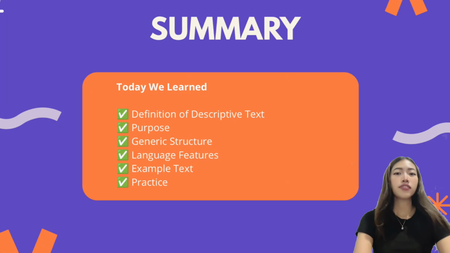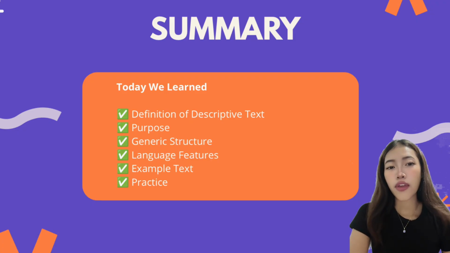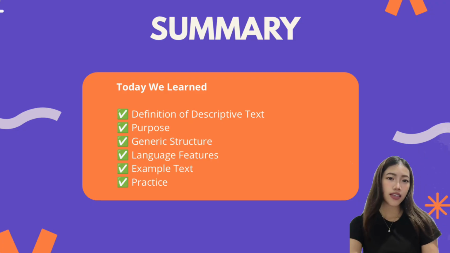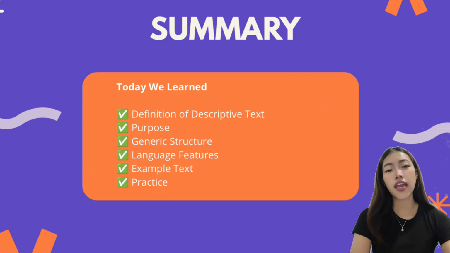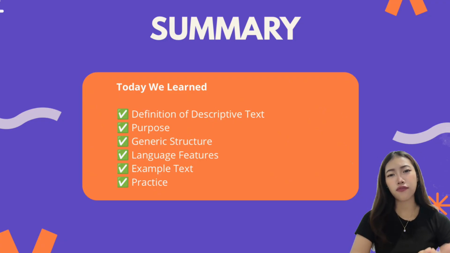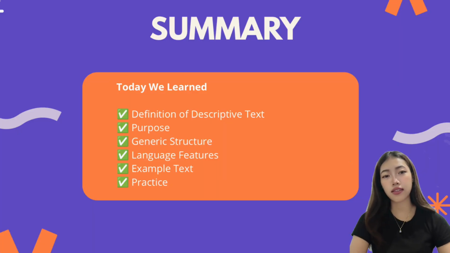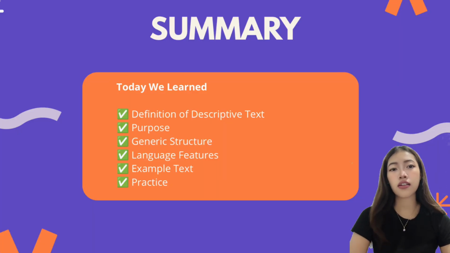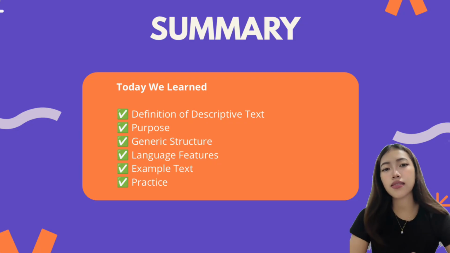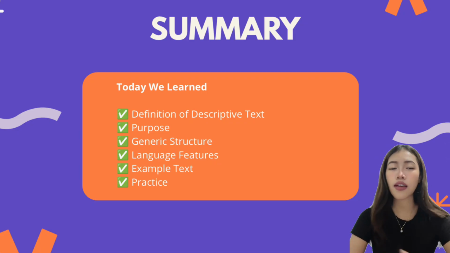Alright everyone, we've reached the end of today's lesson. Let's do a quick review. Today we learned the definition of descriptive text, its purpose, its generic structure, and its language features. We also read an example and practiced describing something using simple English.